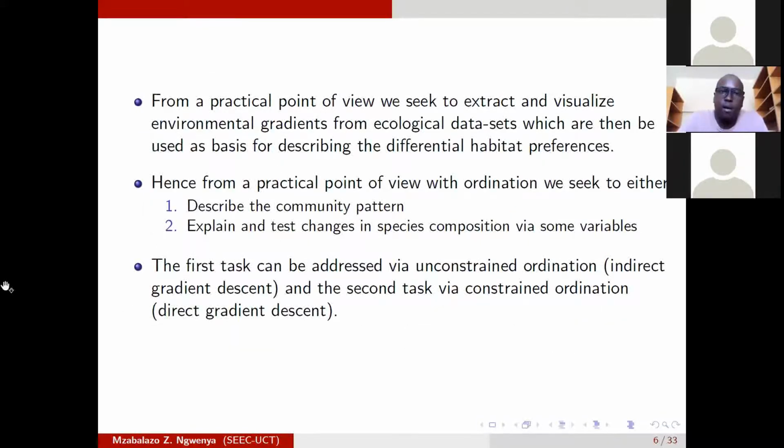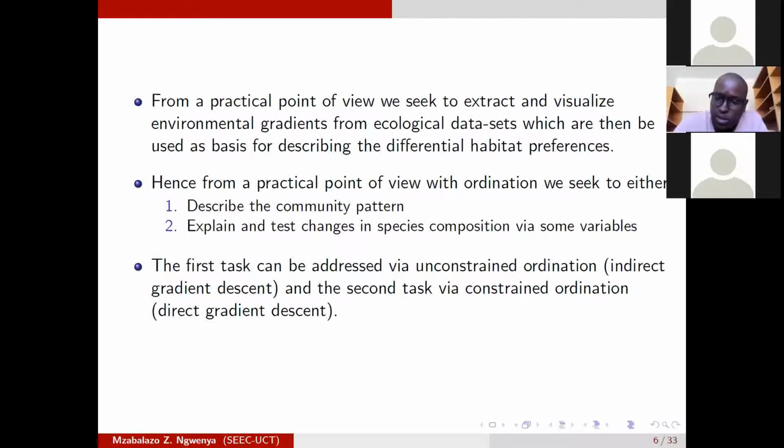From a practical point of view, we seek to extract and visualize environmental gradients from our ecological data, which are then used as a basis for describing differential habitat preferences. So we want to know what kind of sites our species prefer, which species prefer similar sites, and which sites are similar.